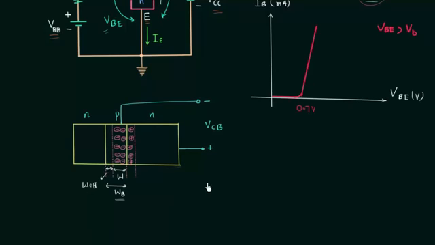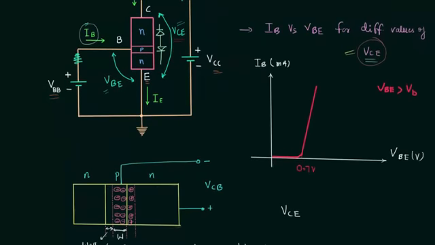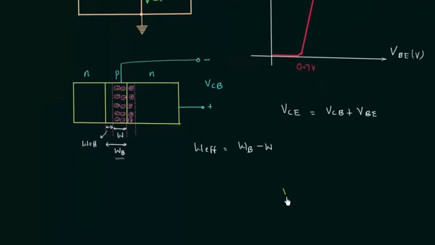From here we can see W effective is equal to WB minus W, and VCE, the output voltage, is equal to VCB plus VBE. VCE is equal to VCB plus VBE, and if we increase VCE, VCB will also increase. From here you can see on increasing VCE, VCB will also increase.